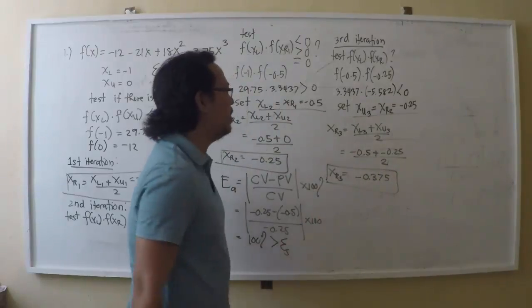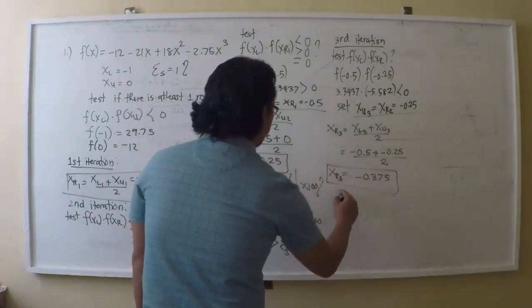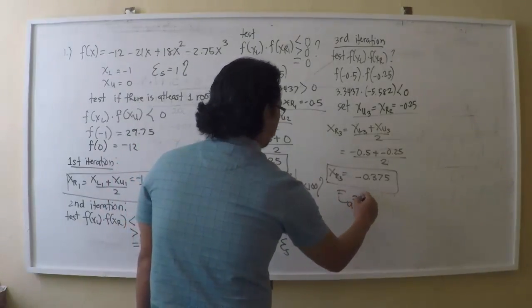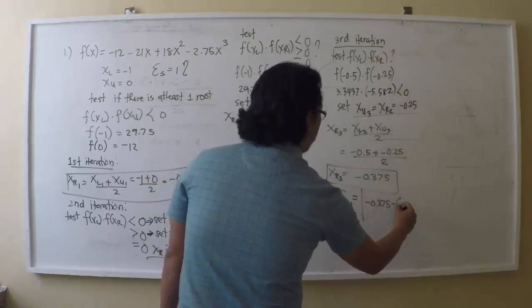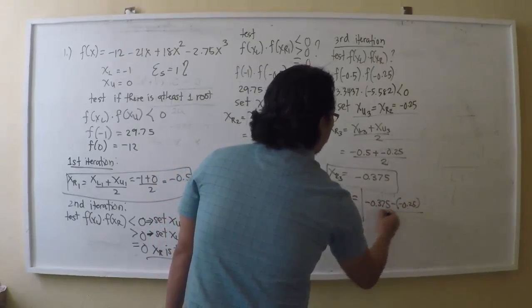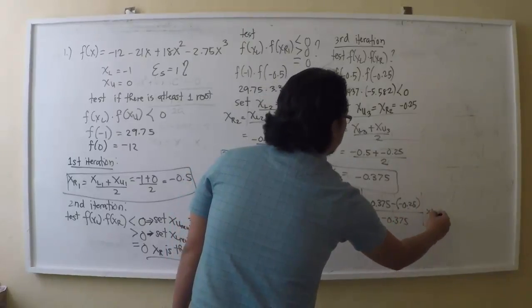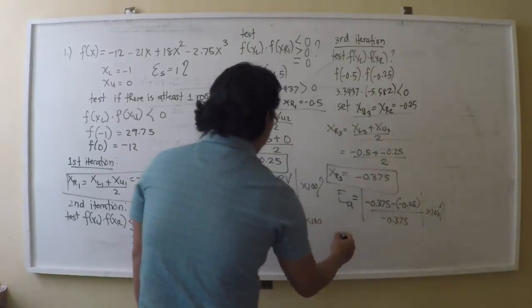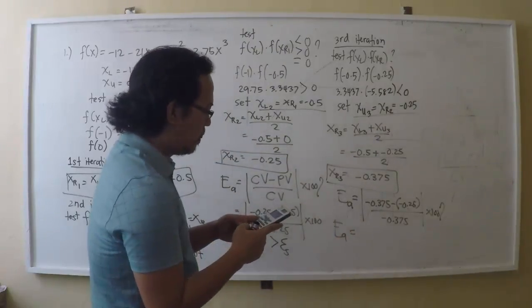And then from here, the same procedure, you compute the error estimate. Error estimate is equal to negative 0.375 minus negative 0.25 over negative 0.375, then times 100%. And then let's see, what's the value of the error here?